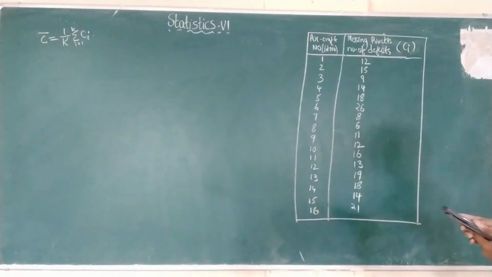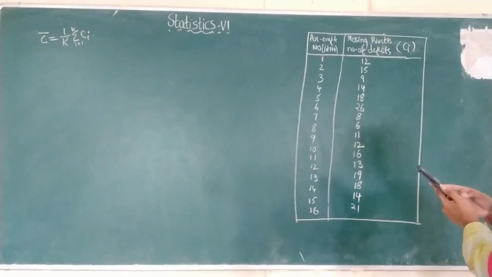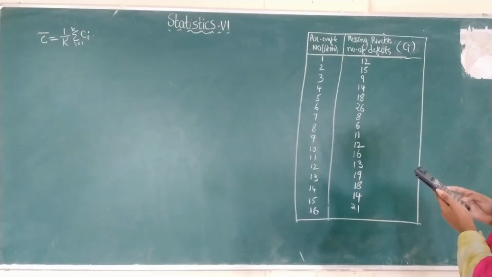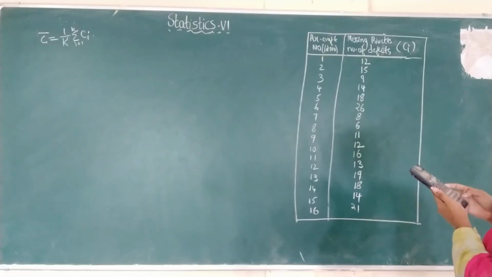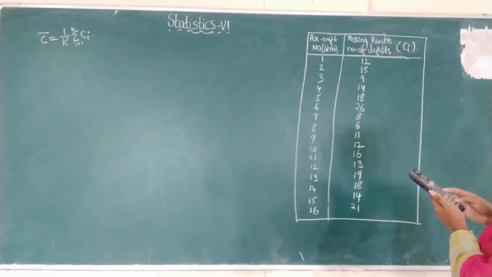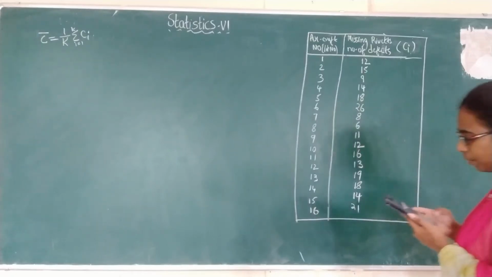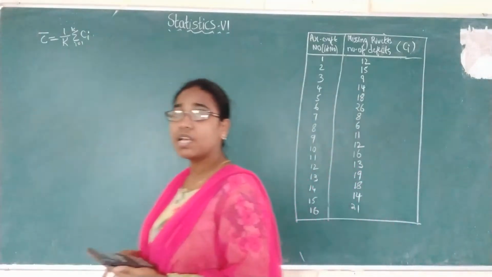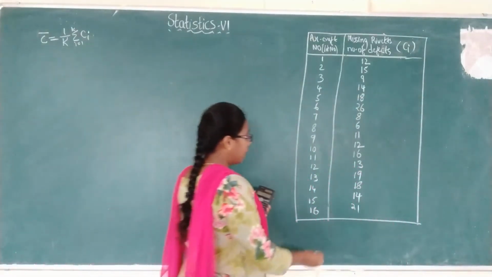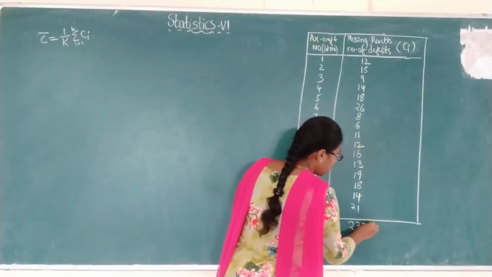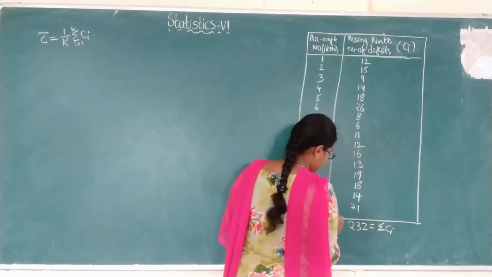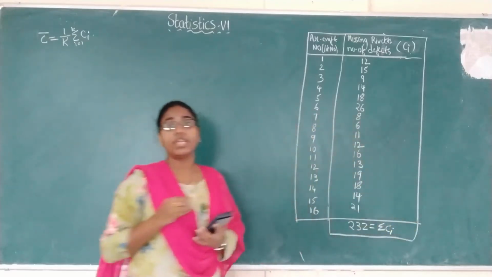If you add all the values, 12 plus 15 plus 9 plus 14 plus 18 plus 26 plus 8 plus 6 plus 11 plus 12 plus 16 plus 13 plus 19 plus 18 plus 14 plus 21, you will be getting the summation of Ci value as 232. This 232 is the summation Ci value we got for the given question.